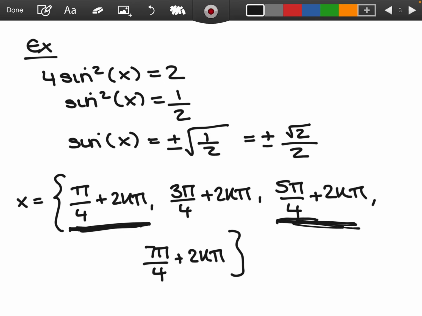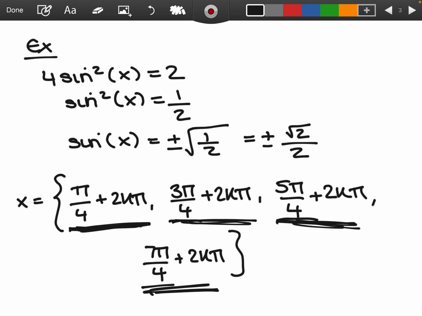So I can combine those as pi over 4 plus integer multiples of pi. I just add and subtract multiples of pi to pi over 4, and I can combine both of those together. Same thing happens with the other two. If I take 3 pi over 4 and I add pi to it, I end up at 7 pi over 4. If I add pi to it again, I'm at 11 pi over 4, which is in this set. If I add pi to it again, I'm in this set.